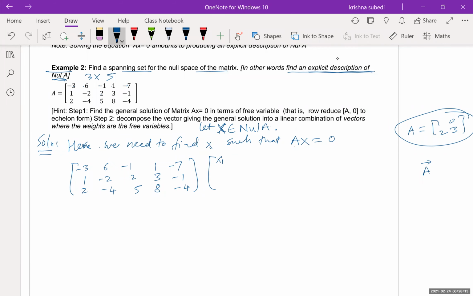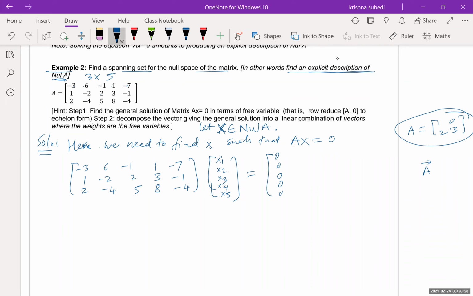That means we'll have x1, x2, x3, x4, x5, equal to 0, 0, 0, 0, 0.